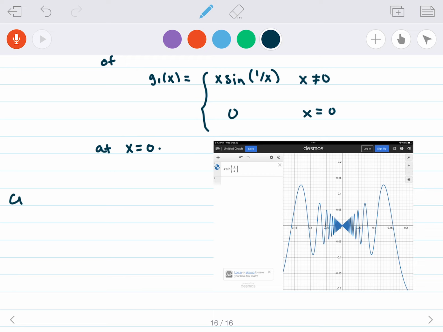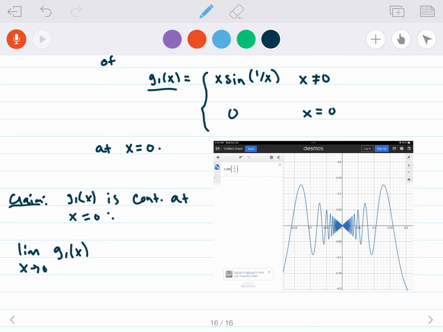So we're going to claim that, and this time it's g1 of x, is continuous at x equals 0. So let's show this. And so what are we trying to show for continuity? That fifth limit condition in our list of things that make functions continuous. We have the limit as x goes to 0 of g1 of x should equal, sorry, equal g1 of 0, right?